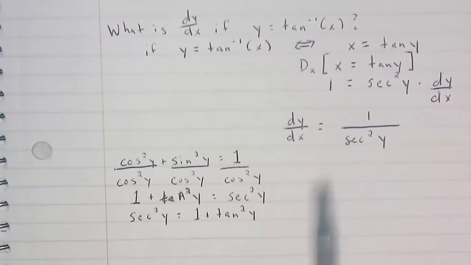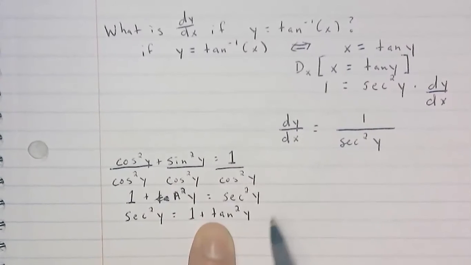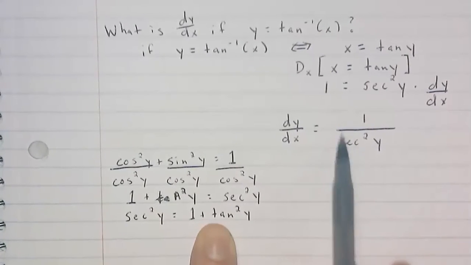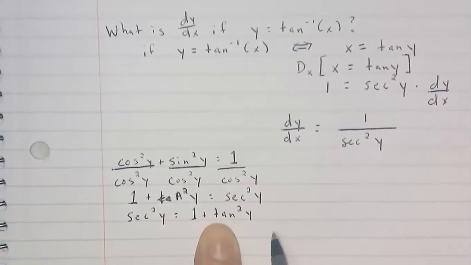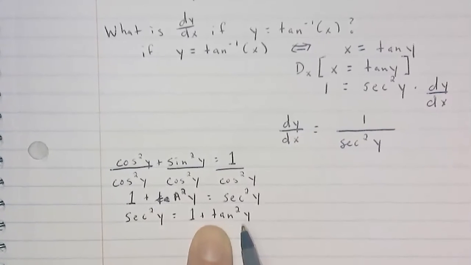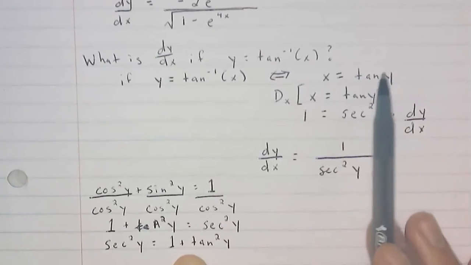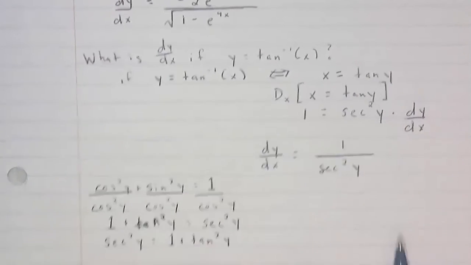And we're like, yeah, let's go sub that in. But then we haven't really solved the problem, because now we've just substituted one expression that involves y with another expression that involves y. Huh. Oh, we know what the tangent of y is. It's x.